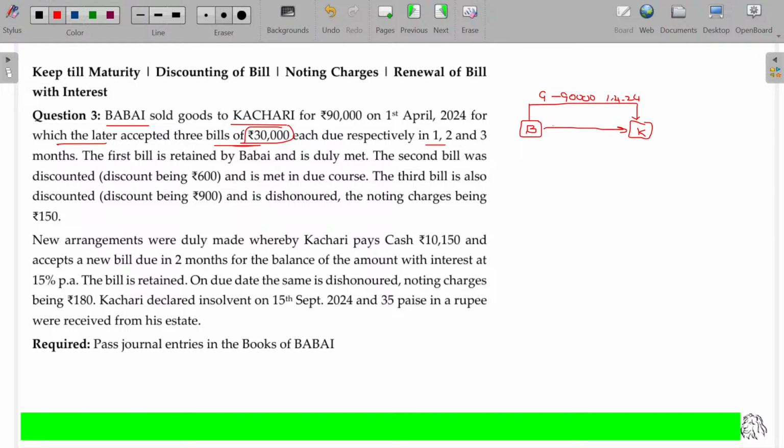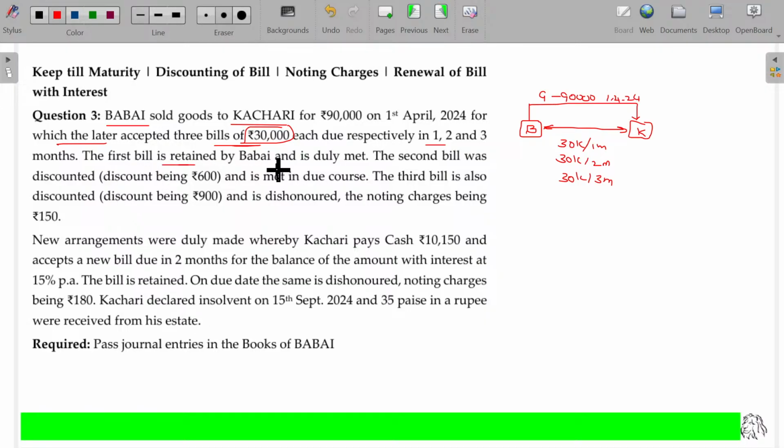So now 3 bills, each bill being 30,000. This is the 1 month bill, this is the 2 month bill, this is the 3 month bill. So for the sales worth rupees 90,000, he gets paid in 3 installments, 30,000 each.